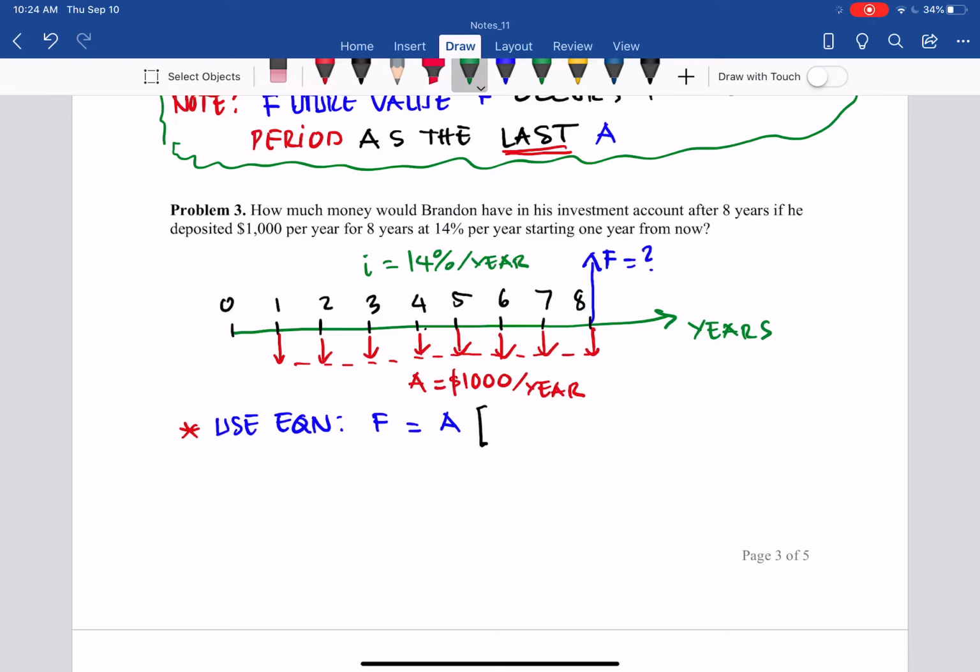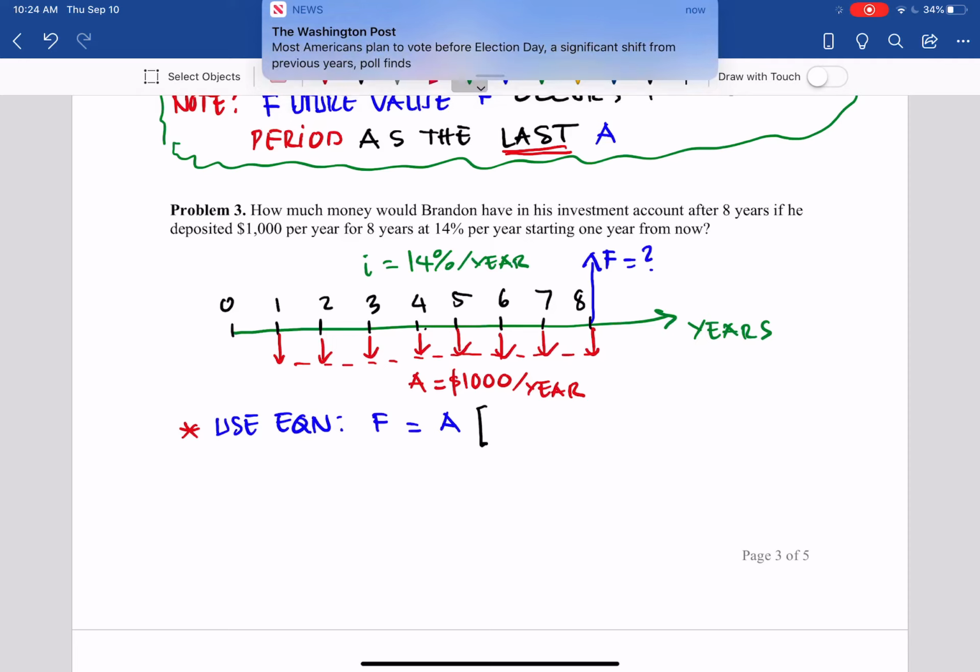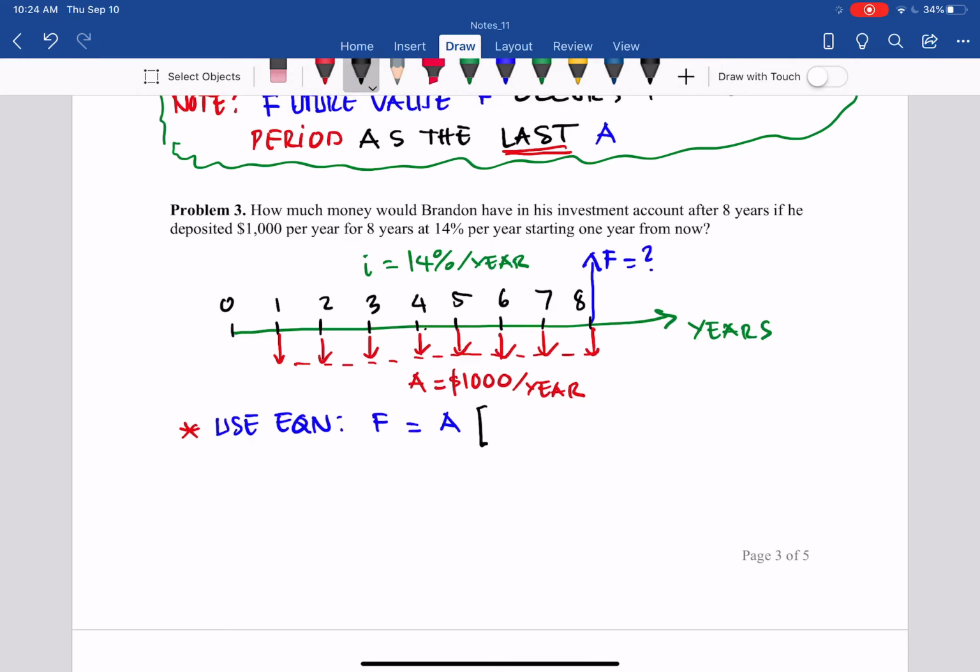So you have 1.14 to the power 8 minus 1 divided by 0.14. That equals what number? 13,232.76. That is the answer. We applied the equation.